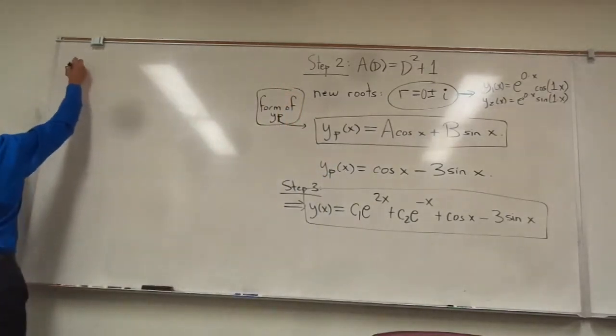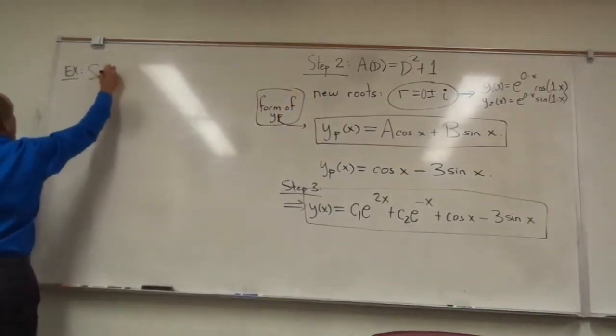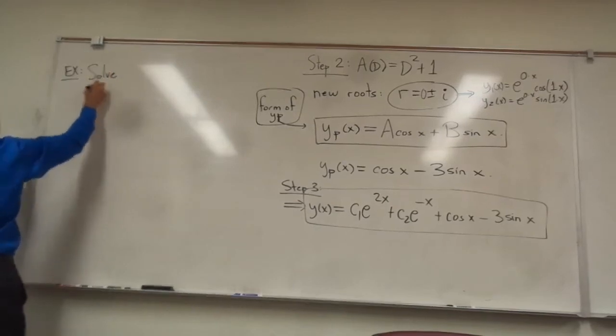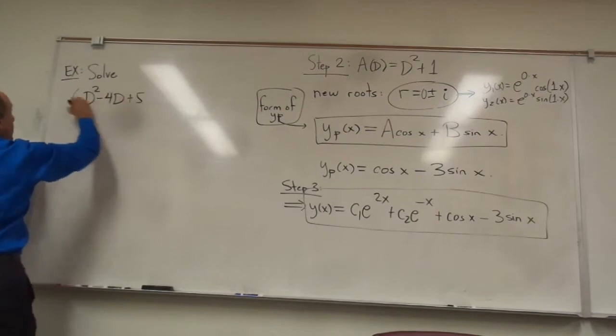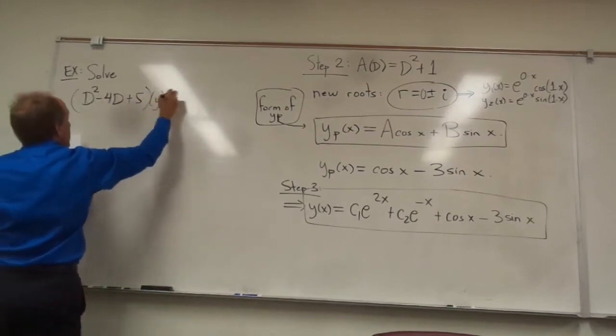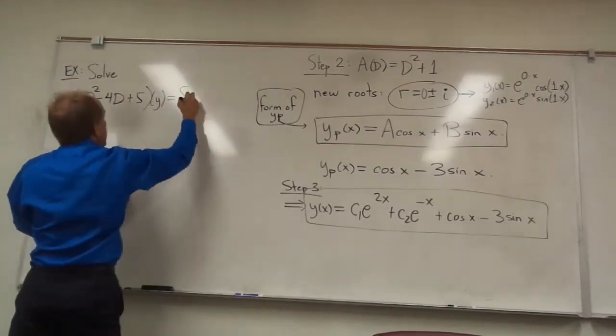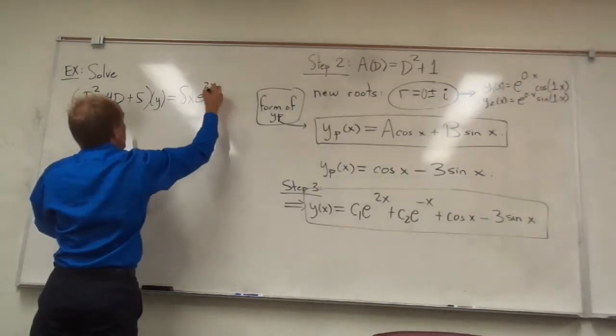So suppose I asked you to solve the following problem: D squared minus 4D plus 5 of y equals 8x e to the 2x cosine of x.